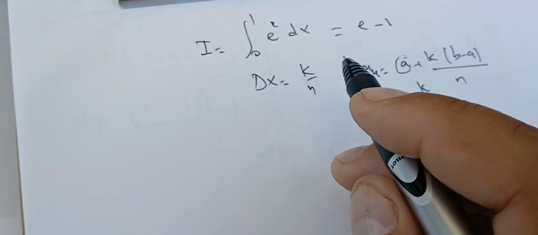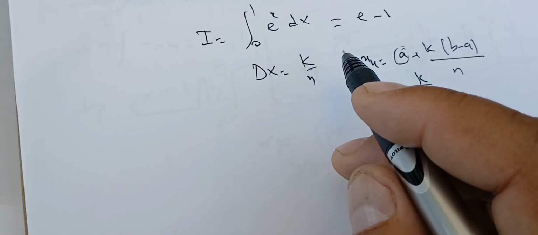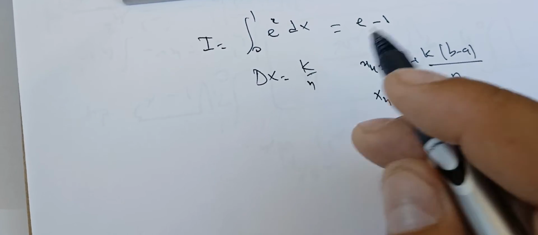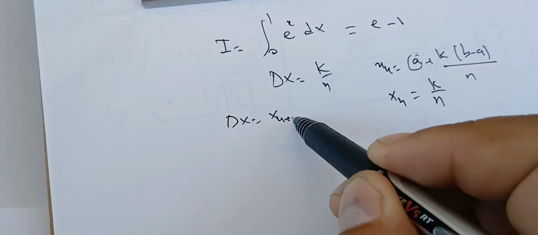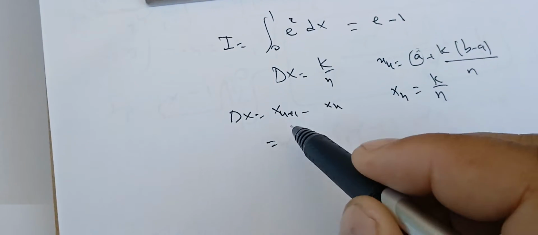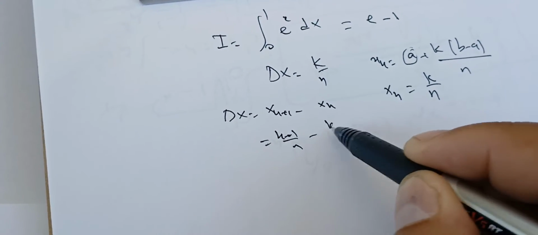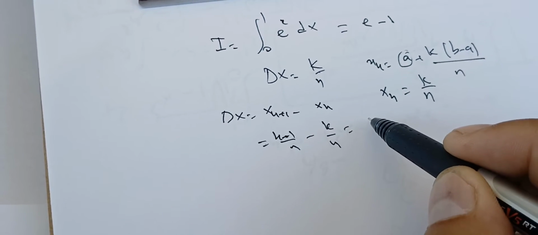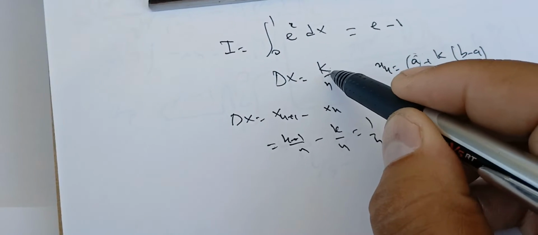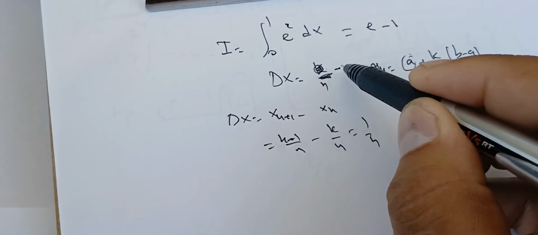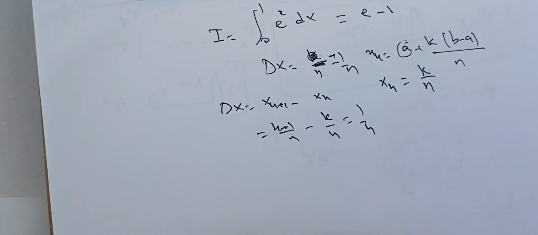And delta x is just x_(k+1) minus x_k. So let's review this one: x_(k+1) minus x_k is (k+1) over n minus k over n, which is 1 over n. So we proved it and we got it right, 1 over n.